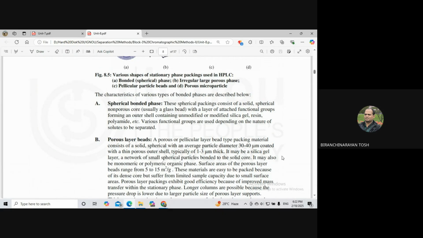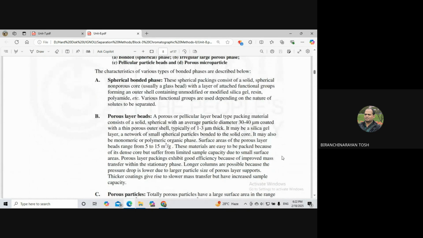It may be a silica gel layer, a network of small spherical particles bonded to the solid core. It may also be a monomeric or polymeric organic phase. Surface areas of the porous layer bed range from 5 to 15 square meters per gram.